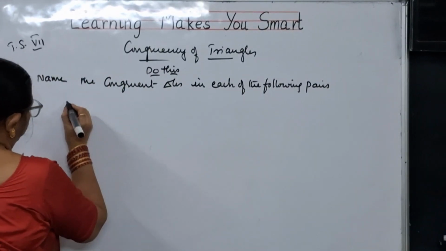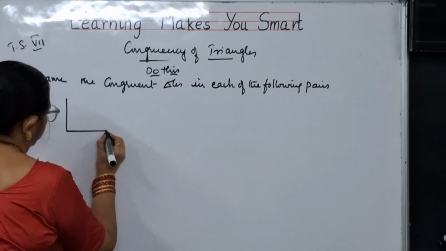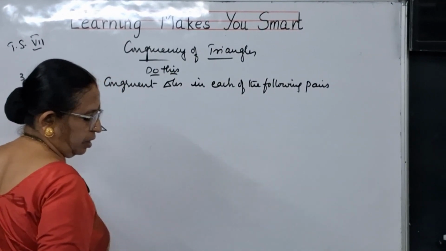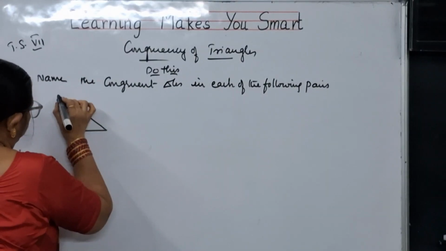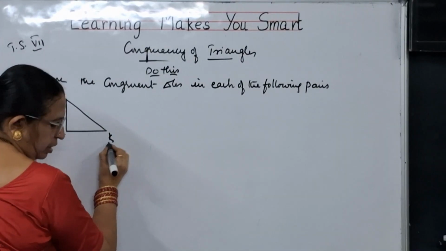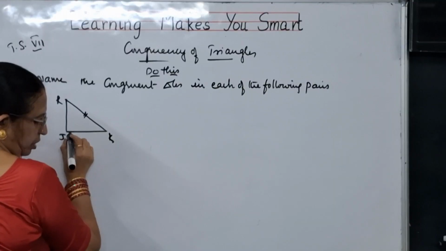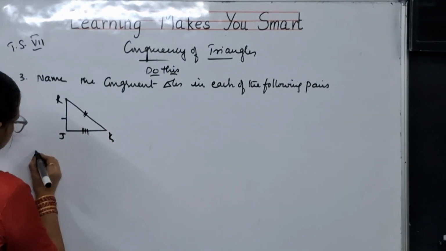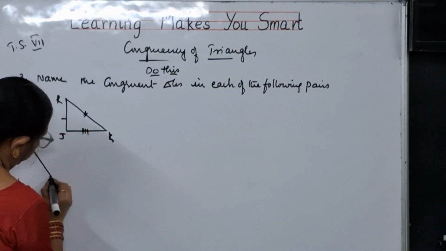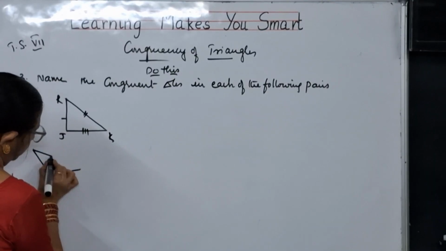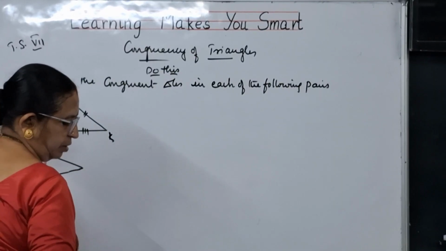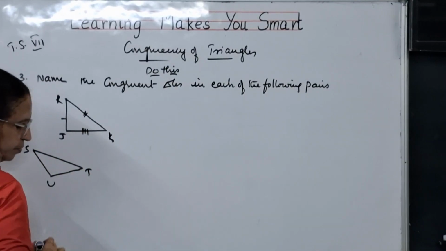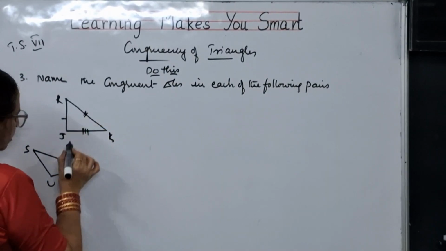So first one, you have got a figure KRJ, these two, here 1, here 3. And you have got another triangle given here, STU.